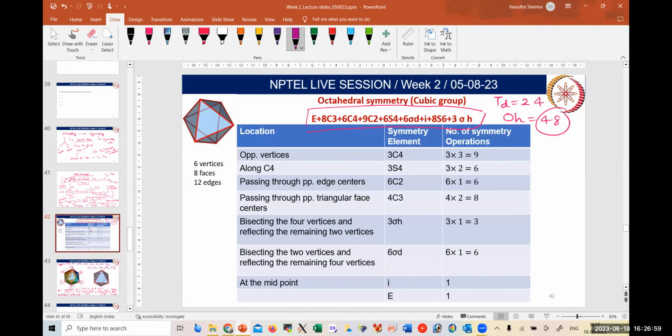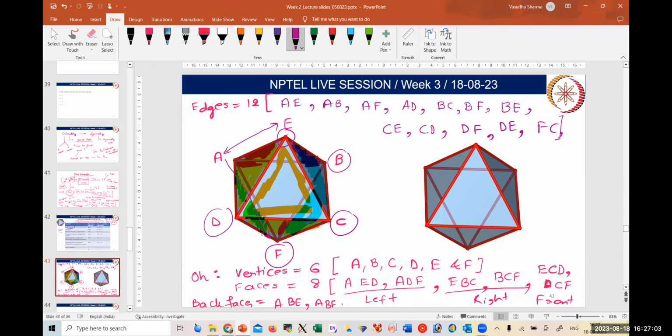Here it is written that C4 will pass through your opposite vertices. So for example, this one and this one are two vertices.